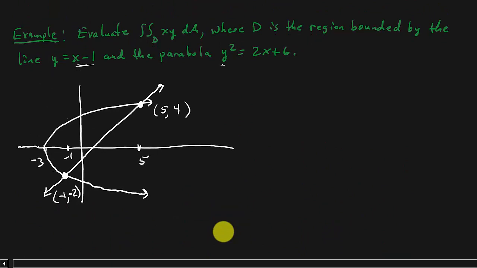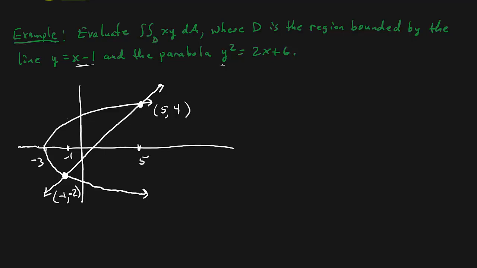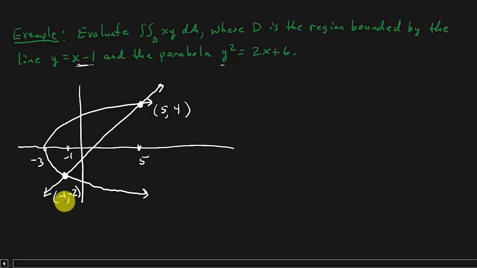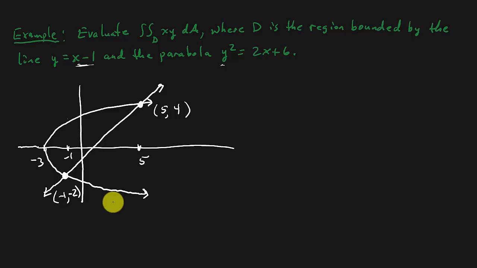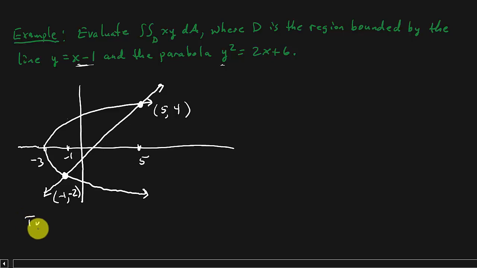All right, so we set up to where they equal. We found those points here. We found these points here. So we're going to set it up as a type 2 region. And so that is like this.